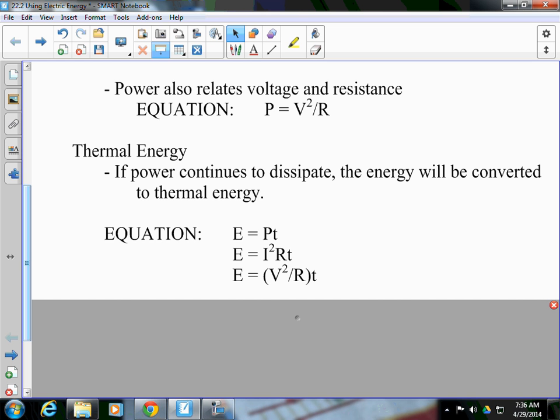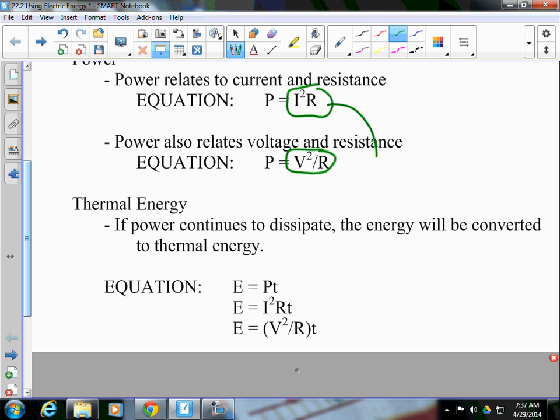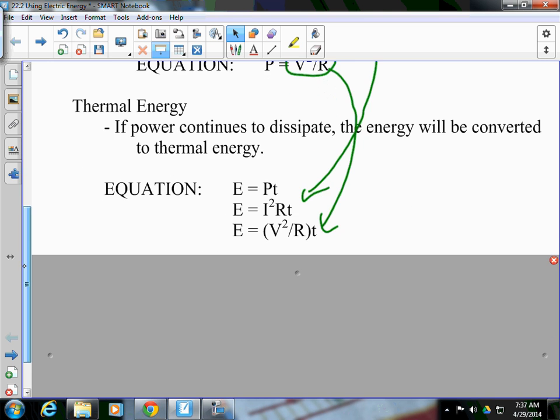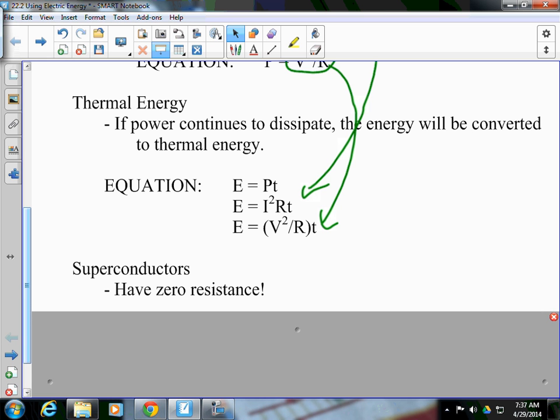They're all the same, because E is equal to P times T, and I've plugged both of our definitions of P in. So I would really just stick with the top one. E is equal to P times T, power times time. Now the units for this are going to be a little goofy.